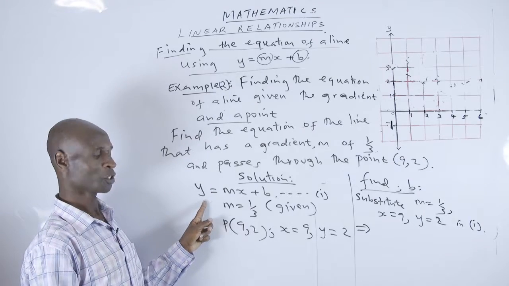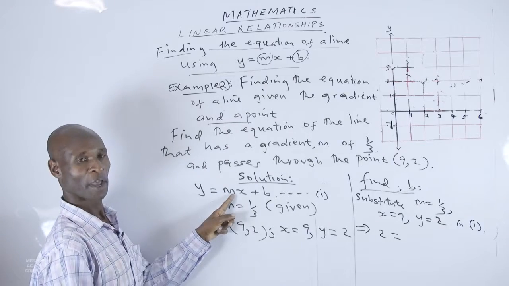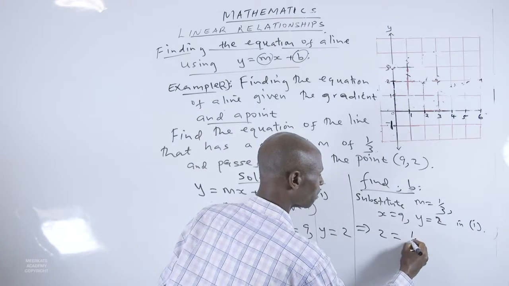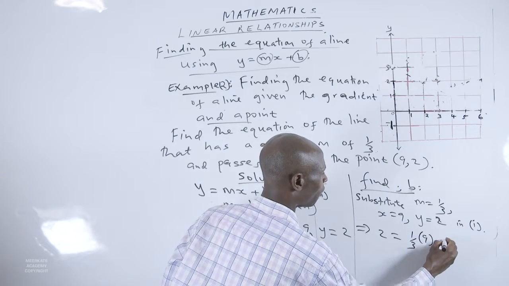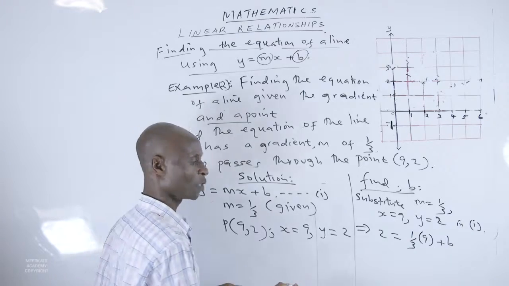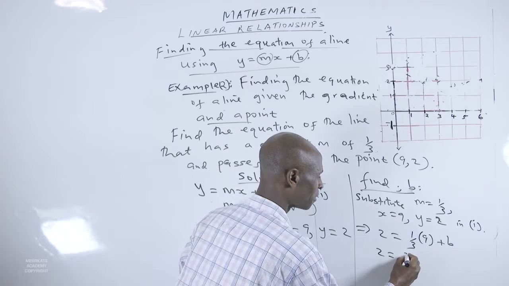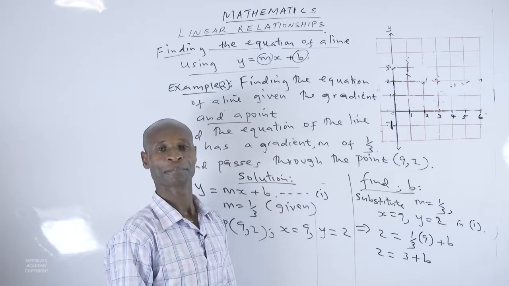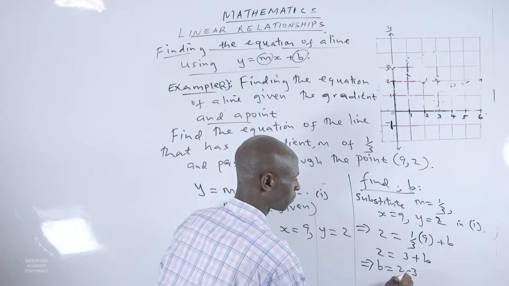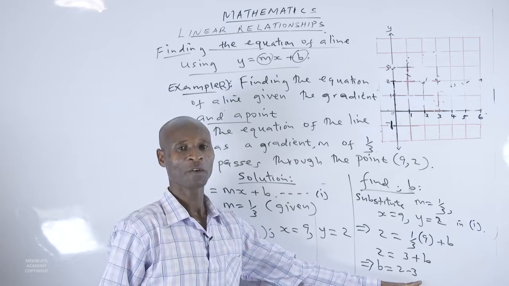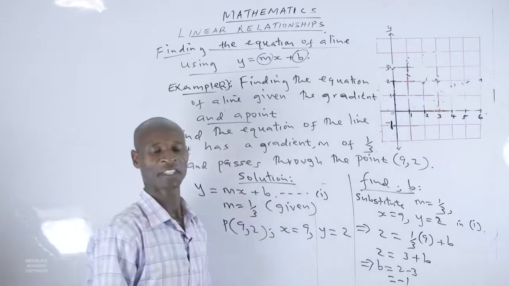If we do substitution, it will be y, which is 2, is equal to m, which is a third, times x, which is 9, plus b, which is unknown. A third times 9 is 3, plus b. This implies that the value of b will be obtained by taking 2 minus 3, which is negative 1.